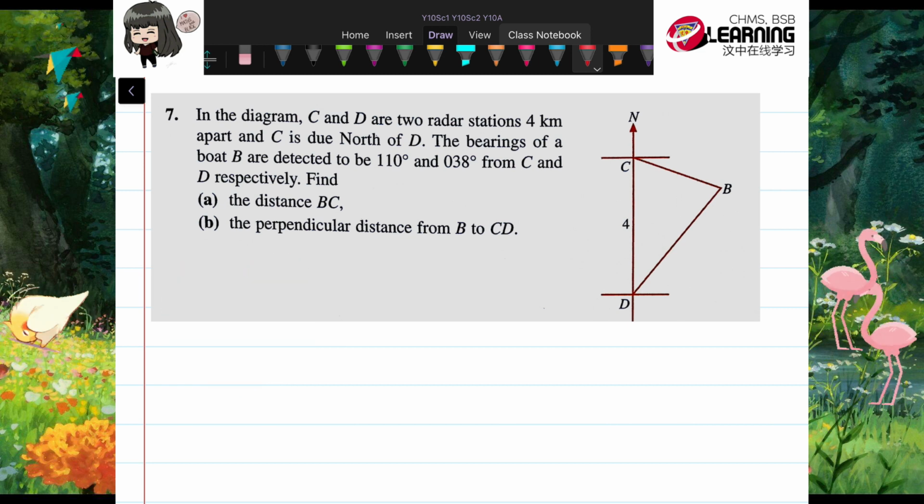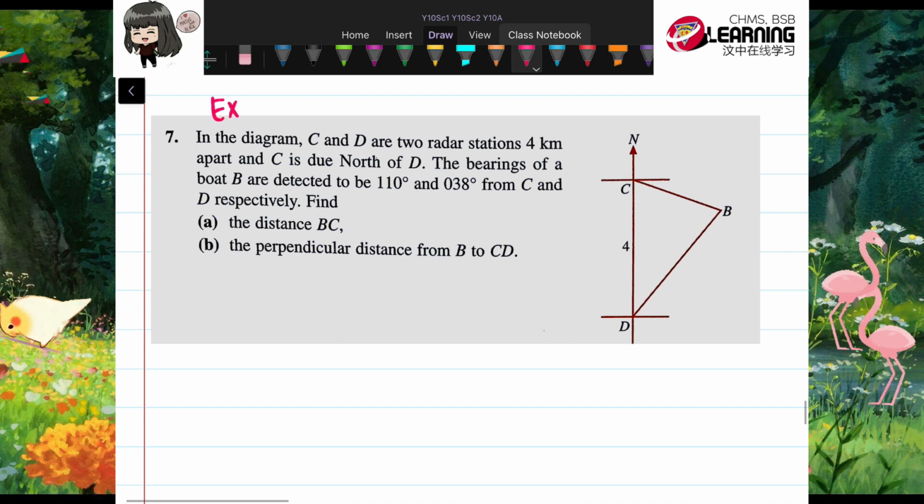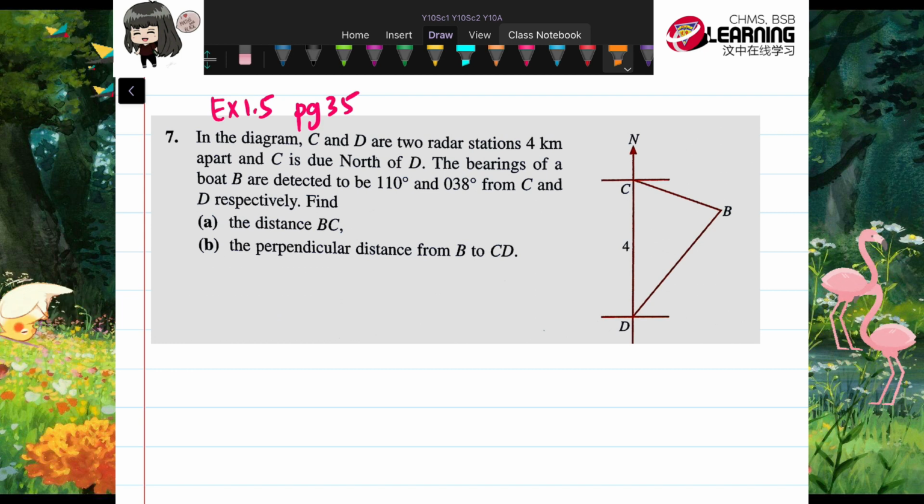Okay, so this is from exercise 1.5, question number 7, in your textbook, page 35. I hope you already did it on your own before you listen to this explanation. In the diagram, C and D are two radar stations 4 km apart.